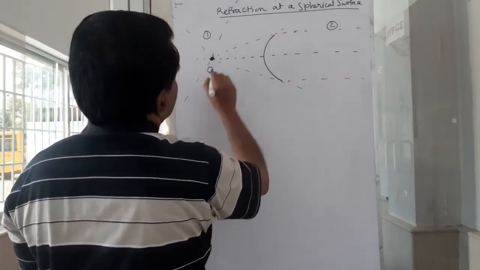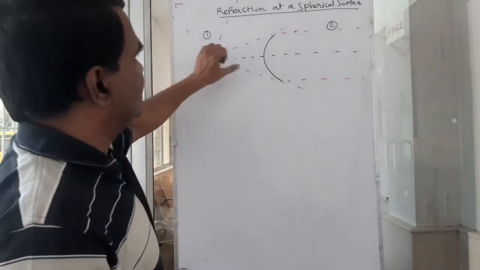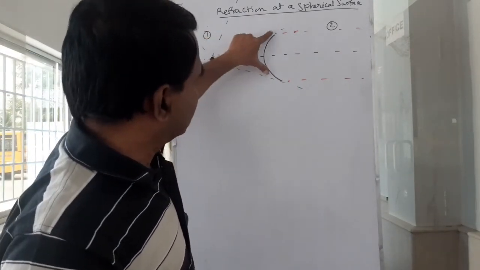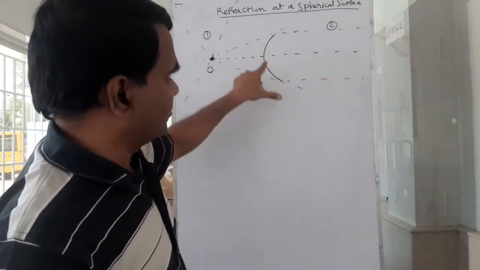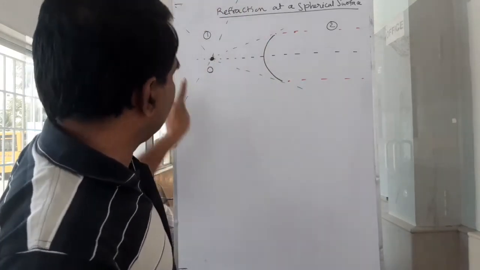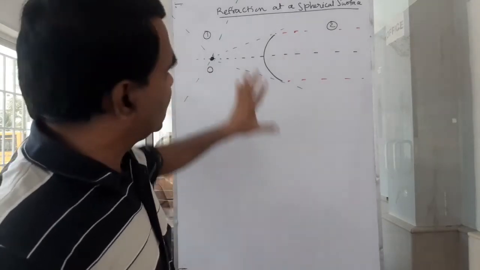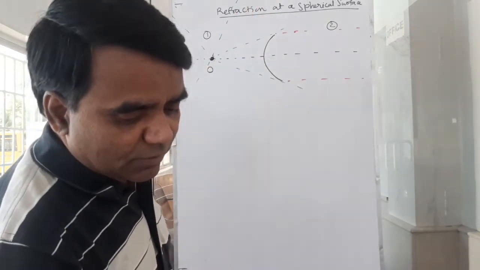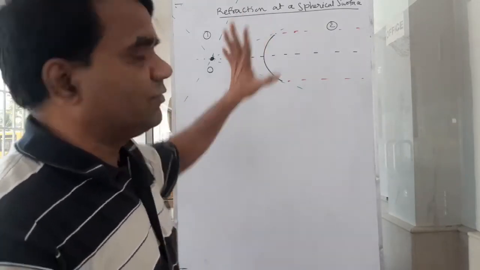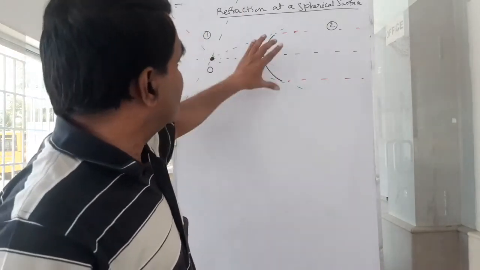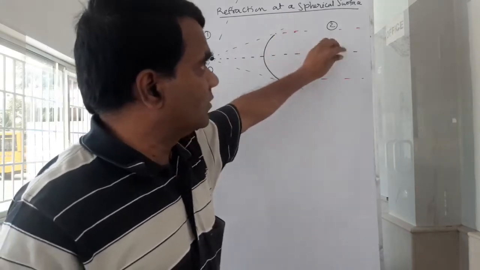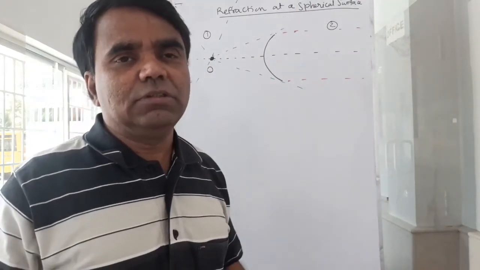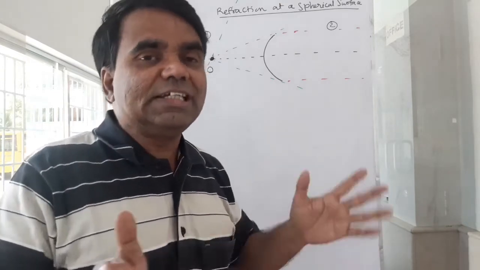Here, it will go everywhere. But you see, on this surface, the light is hitting this region. And so I'm not bothered about all the other light. I am bothered only about the light that falls on this spherical surface. So I told you, because of its spherical nature, all the rays that fall on this will converge on the other side at a particular point. But I don't need all these lines.